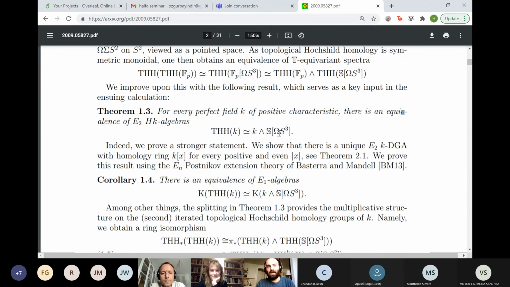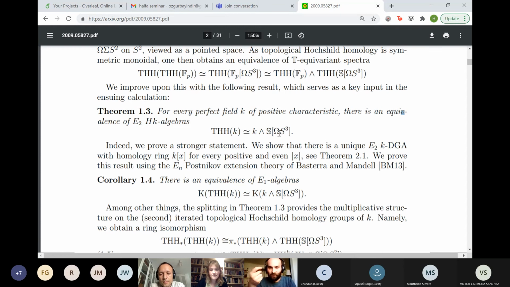So that was one of the important stepping stones in these computations. We show this using Basterra and Mandell's E_n obstruction theory. And that's important because in the spectral sequences, like the Tate spectral sequences, one wants to have this algebraic structure, right?